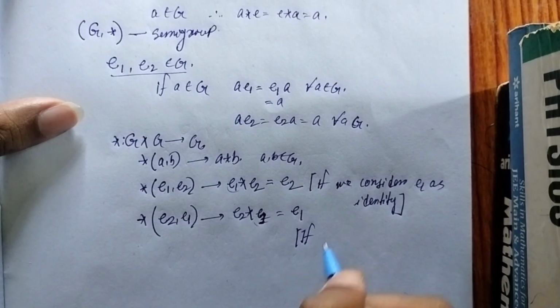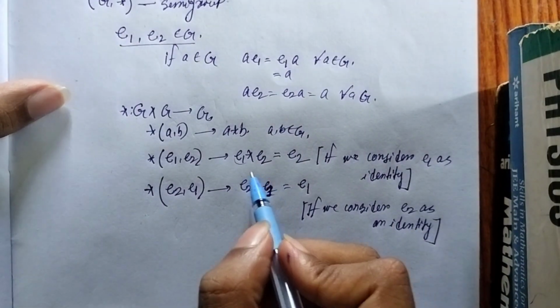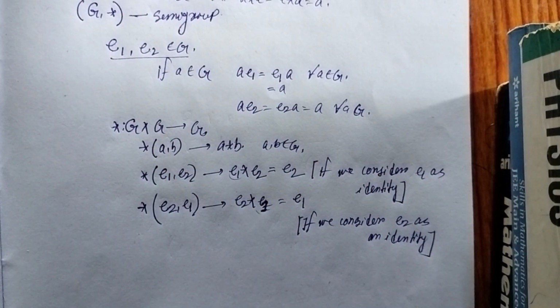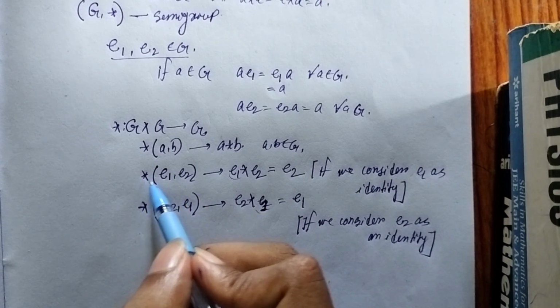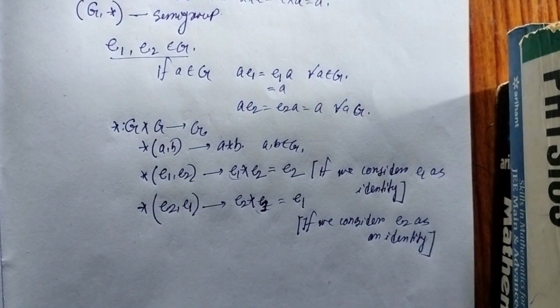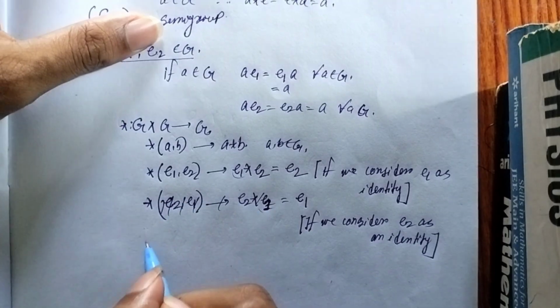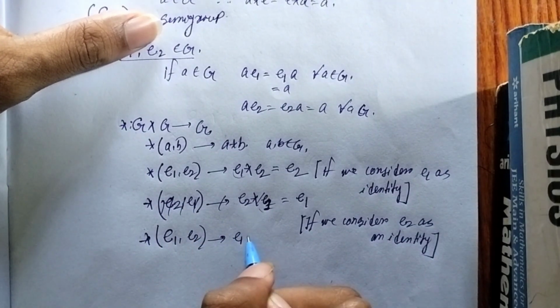Can you see this is a function? I already told you that the binary operation is a function. Sorry, I made a mistake here. Actually, this is not going to be this. Let's say star again of (E1, E2). This is also going to map to E1 star E2.